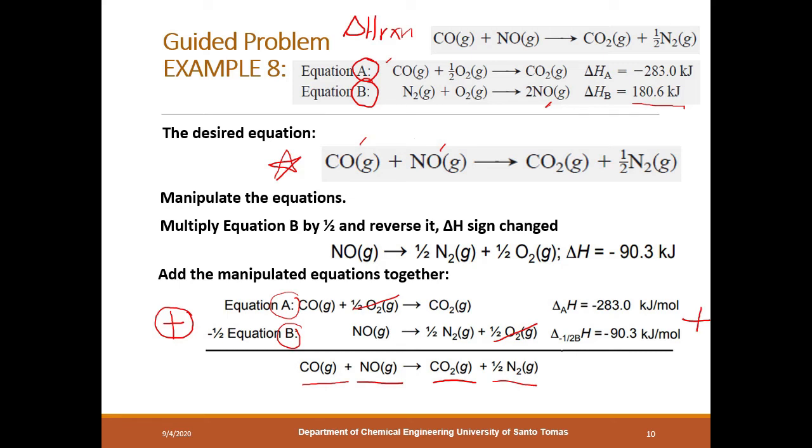So the heat of reaction of A, which is negative 283 kilojoules per mole, will be added with 1/2 of the delta H of B, which is now negative 90.3 kilojoules per mole. And in effect, we will be having as our answer negative 373 kilojoules per mole of the heat of reaction for this desired equation.